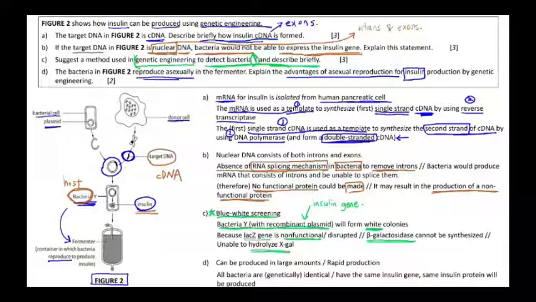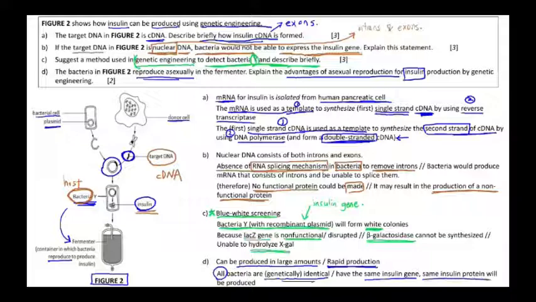Simply because asexual reproduction occurs rapidly, so it can produce insulin rapidly. Insulin can be produced in large amounts, as well as when the bacteria reproduce asexually, all the bacteria in that culture are genetically identical, which means they have the same insulin gene and they will produce the same insulin protein.